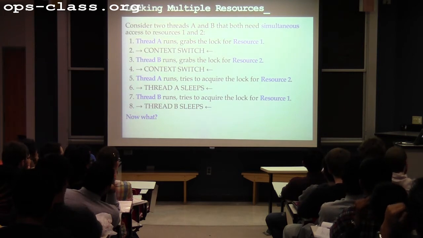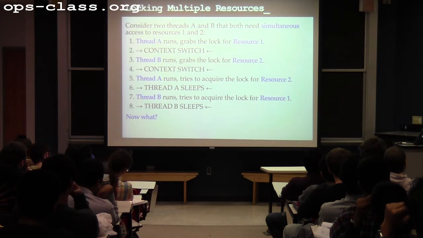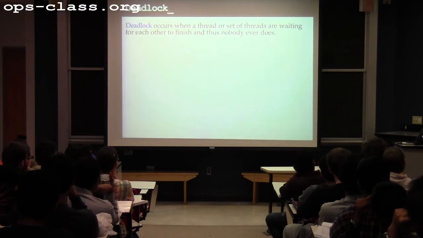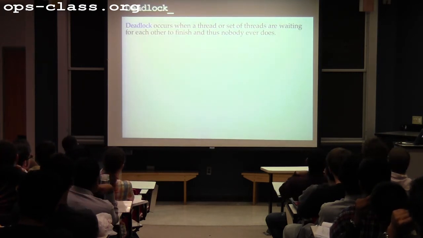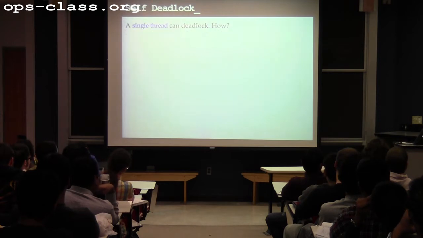I've got two threads on the wait queue that are both waiting for each other. The problem is if you're on the wait queue and you're waiting for someone who's also waiting, and that person is waiting for someone who's also waiting, and that person is waiting for you, then no one is going to get out of this little circle of people waiting in order to wake anybody up. These two threads will sleep forever. So one way of describing a deadlock is that it occurs when a thread or set of threads are waiting for each other to finish, and thus nobody ever does.